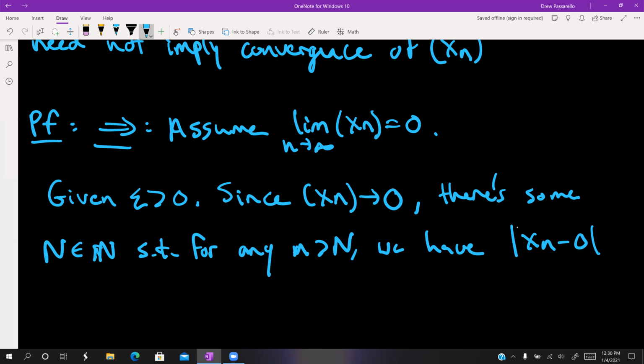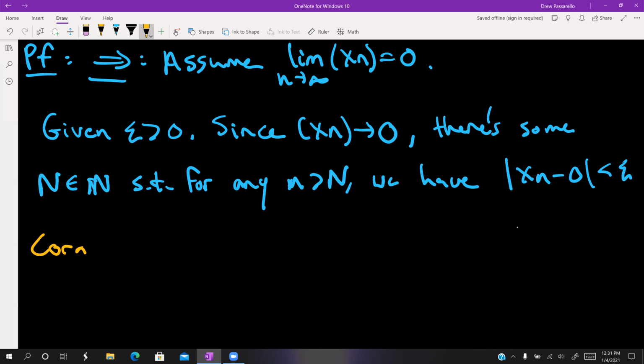All right, that's what we know, since we have this for our sequence xn converging to 0. So this part doesn't, I'm going to use the corollary, and I'll write the corollary to the triangle inequality. Not sure if that's how you spell it.